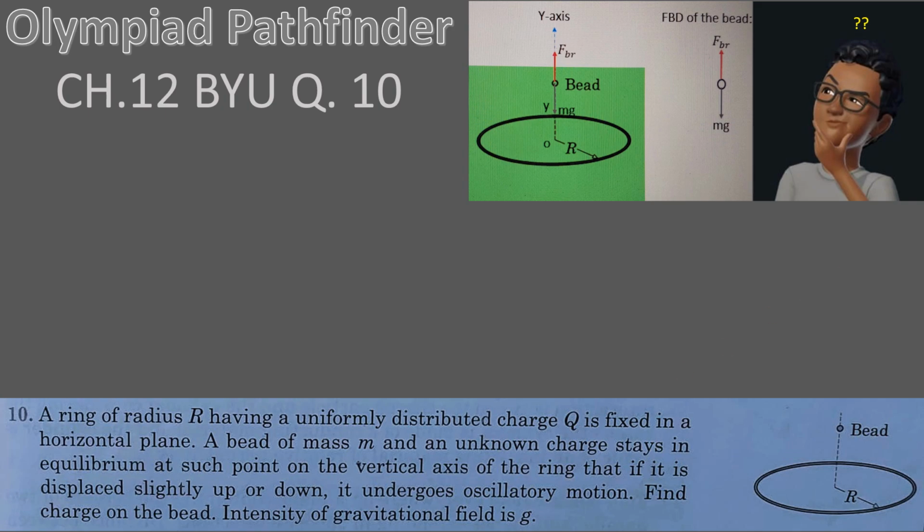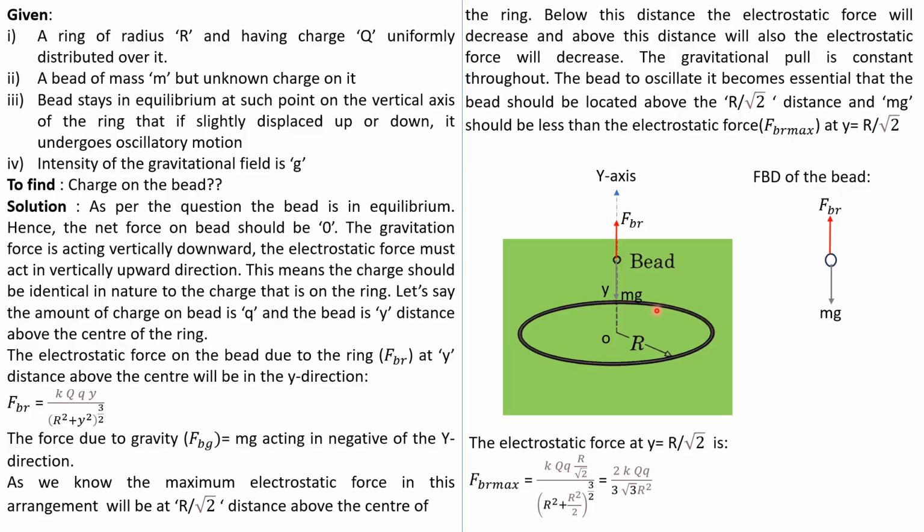Let us solve this question. We have collected all the data over here: a ring of radius r and having a charge q uniformly distributed over it, fixed on a horizontal plane, and a bead of mass m but unknown charge on it.